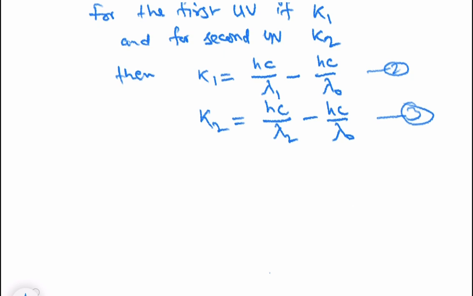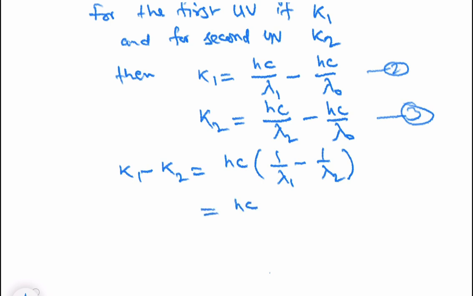Subtracting equation third from second, we get K1 minus K2 is equal to hc times 1 by lambda 1 minus 1 by lambda 2, which reduces to hc times lambda 2 minus lambda 1 divided by lambda 1 lambda 2.